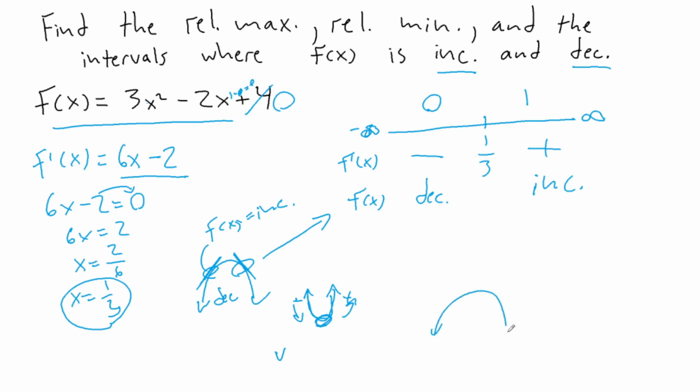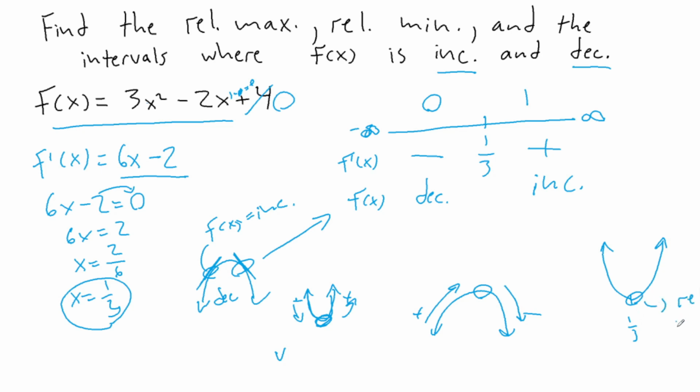A relative maximum, on the other hand, is wherever f prime of x goes from positive to negative. Or in other words, where f of x goes from increasing to decreasing. So a point like this would be a relative maximum because f prime of x goes from positive, increasing, to negative, or decreasing. So at 1/3, f of x changes from decreasing to increasing, which makes this point 1/3 a relative minimum.